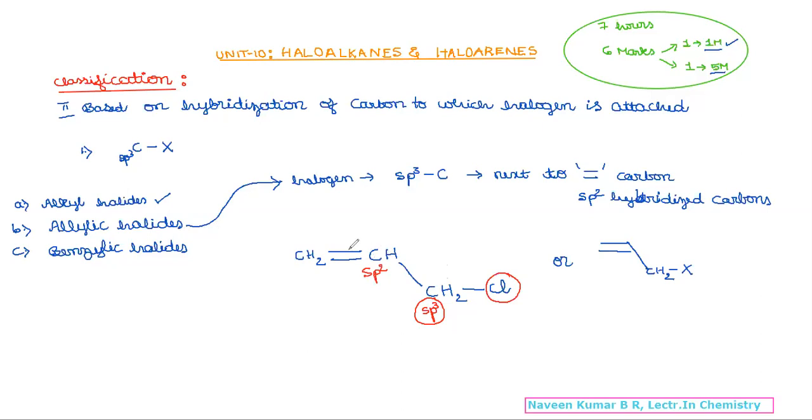Now this carbon is surrounded by one sigma bond, one more sigma bond with hydrogen, and one more sigma bond with the adjacent carbon. So the double bond here is a pi bond, which makes the carbon sp2 hybridized. Now, to give the exact name, this carbon is called the allylic carbon and the halide is called the allylic halide.